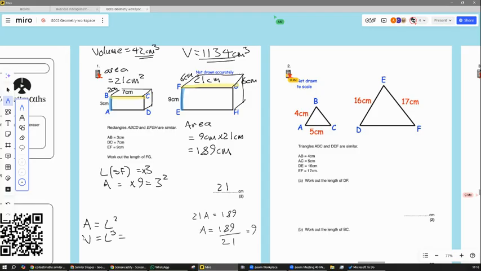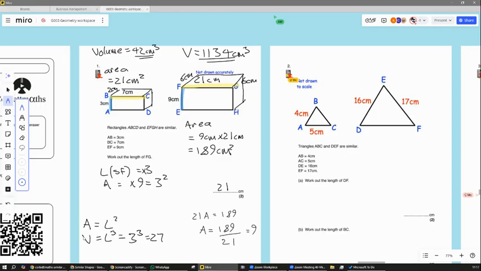If that's true, then in this case, because the length scale factor was 3, the volume scale factor would be 3 cubed, which is 3 times 3 times 3, which is 27. So is it true that 21 times 27 is equal to 189? And I just realized, oh wait, that's not right. Oh look, that should be squared. Okay, cool. Sorry, start again.